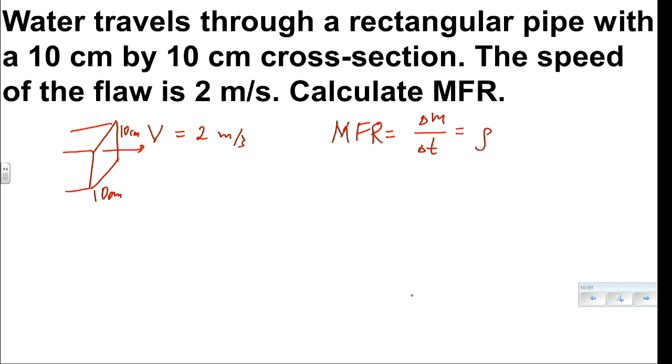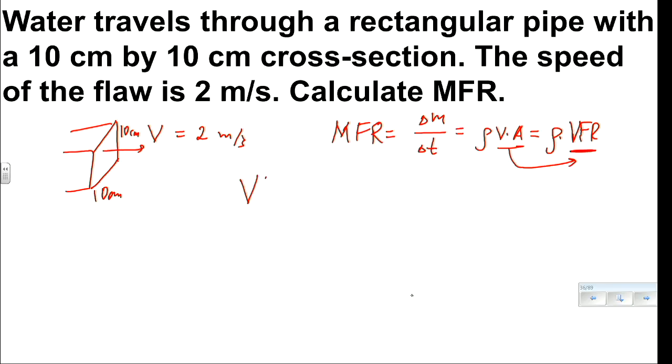And for the mass flow rate, we already had an equation like this. This is actually volume flow rate, this product. So we can calculate both. The difference is just what we measure, volume per second or mass per second.